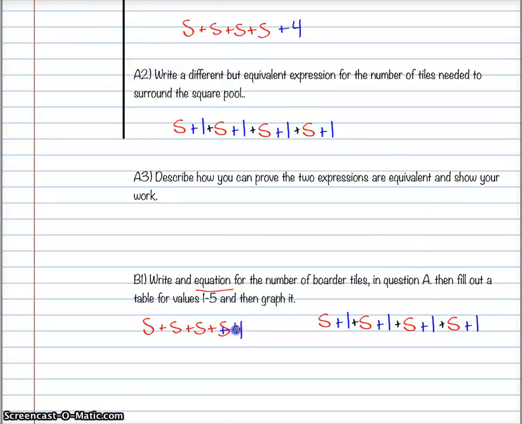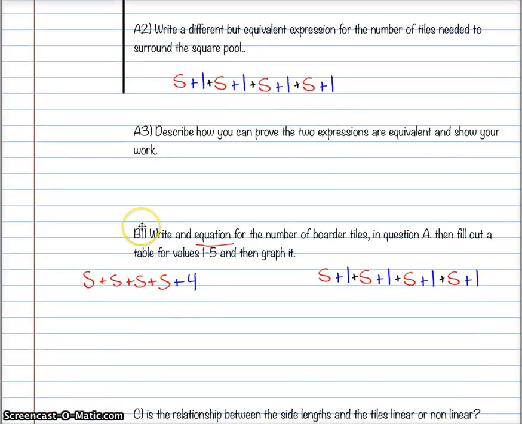I'm going to graph it too. So I'm going to make this equal to the number of tiles. So this is going to be equal to n. N equals number of tiles. Now it's an equation. That's the difference. Once it didn't have an equal sign, now it does.